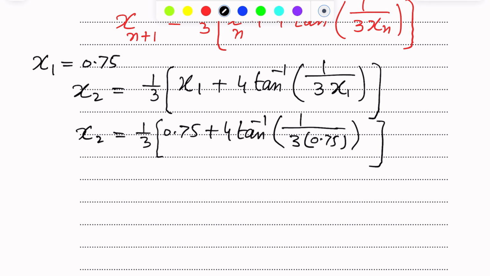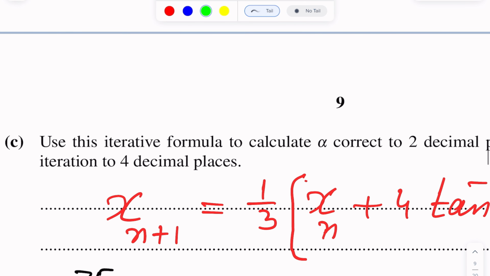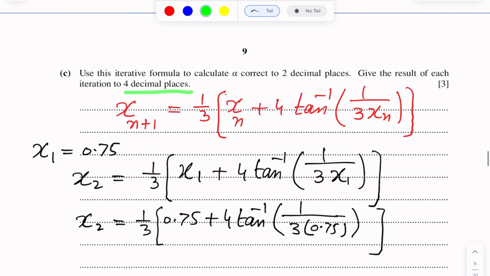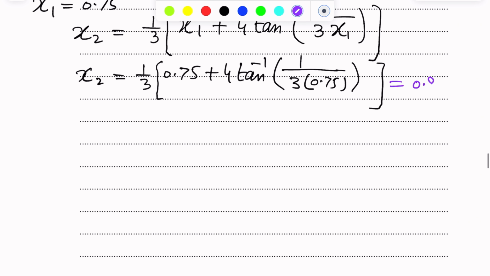We get the answer of this iteration x2. We have to give the result of each iteration to four decimal places. After calculating this, we get the answer of the iteration correct to four decimal places, 0.8076.